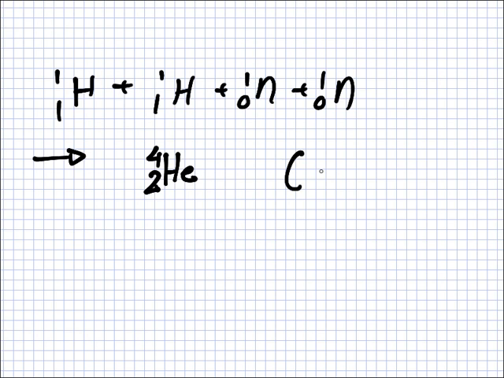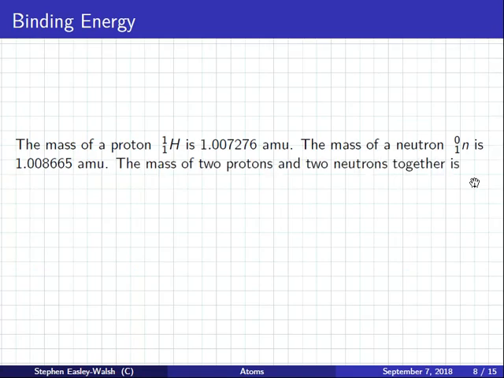What should it be? You have it there on your calculator. 4.031882 AMU. Okay. That's what it should be, right? If you add these together to make a helium, you should get this. But do we get this?